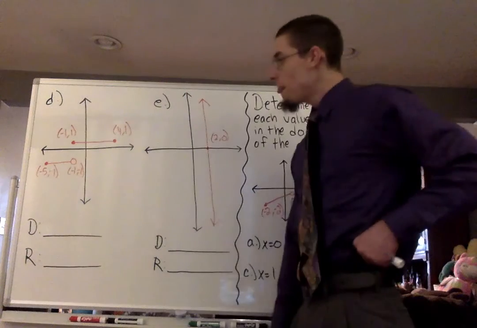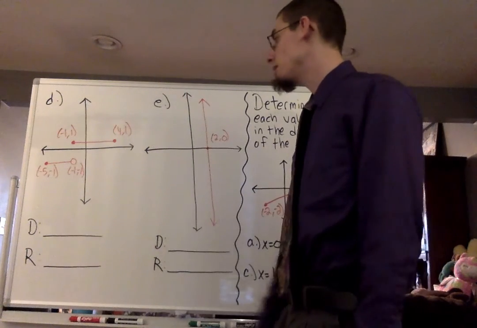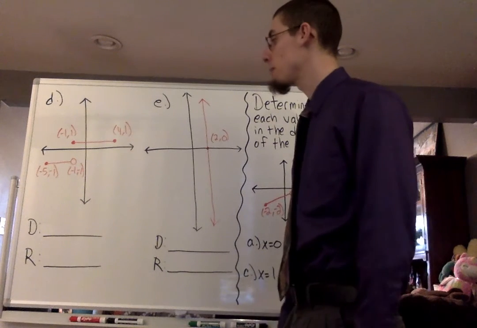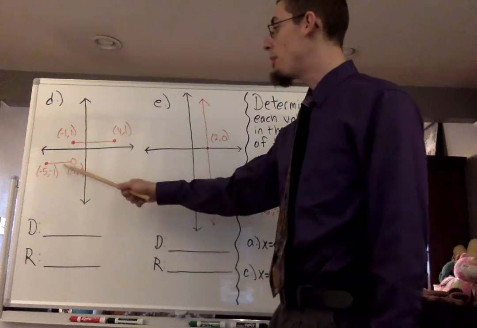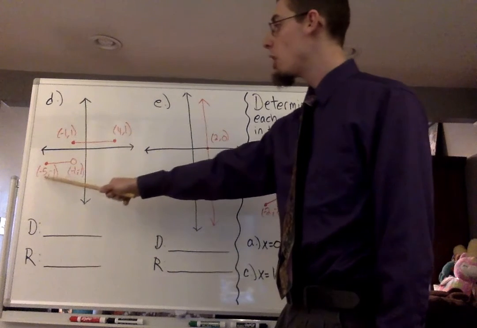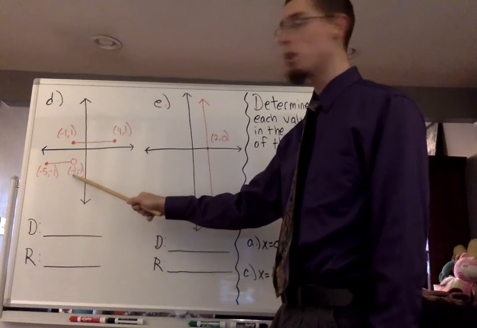So you might think that you have to have two different domains, and depending on the graph you might, but let's look at this. This part of the graph goes from negative 5 to negative 1, right?